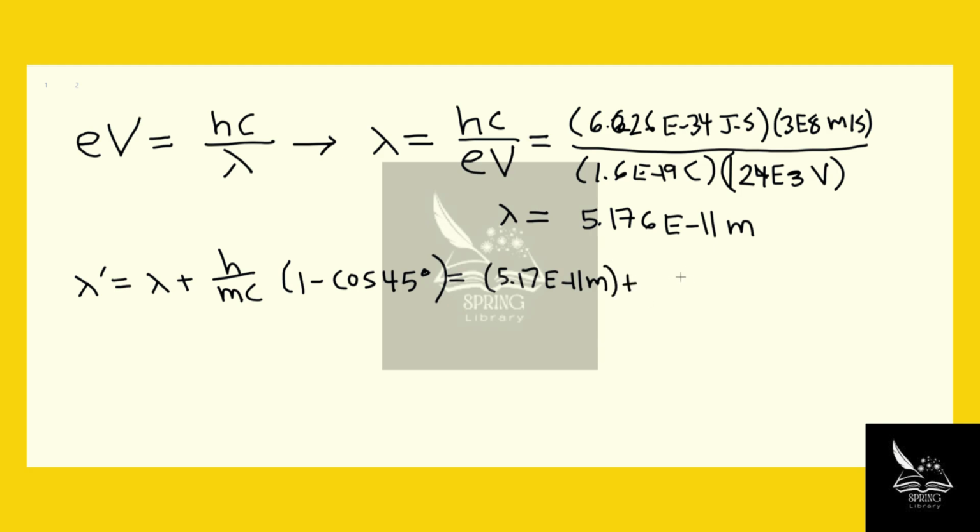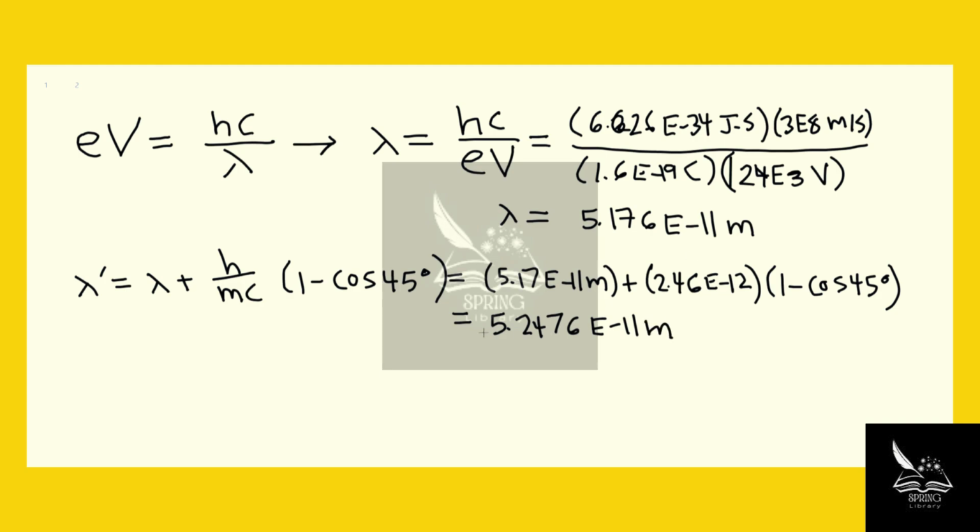And this quantity h over mc calculated will end up being 2.46 e to the negative 12. And 1 minus whatever the cosine of 45 is. It's an easy angle. All of this together should turn out to be 5.2476 e to the negative 11, so 10 to the negative 11 meters. And this is our new lambda prime. So at this point, we can probably box these two answers.